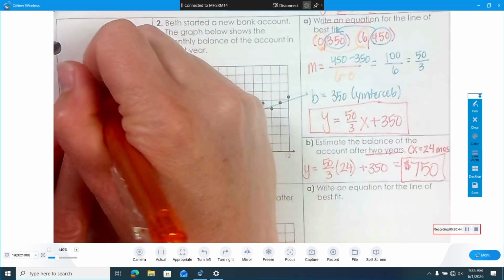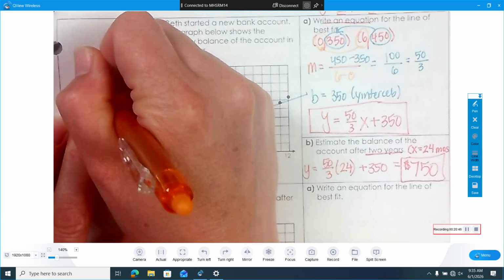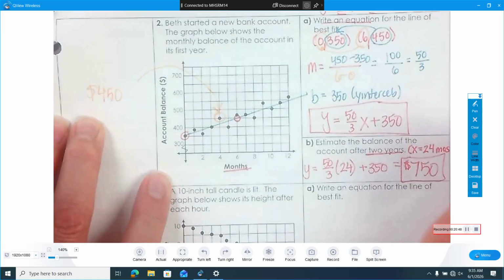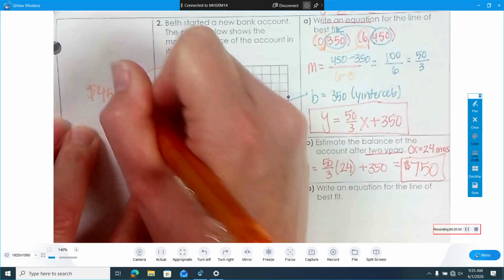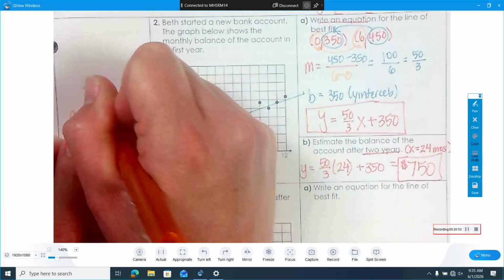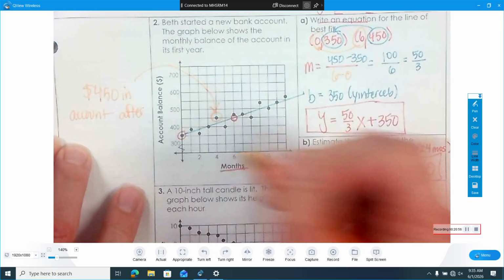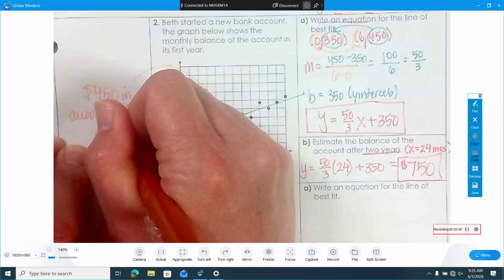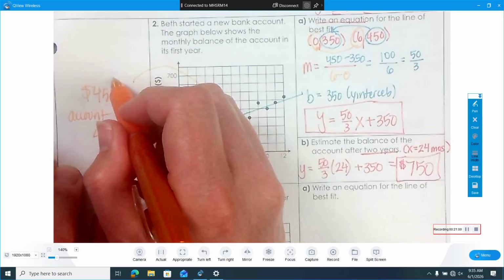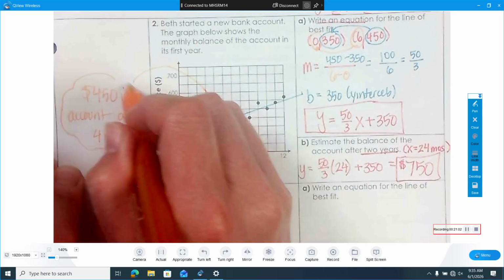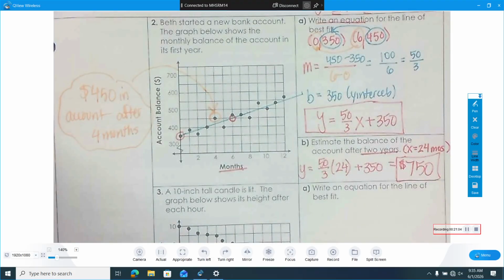Okay. Very good. There's $450 in the account after 4 months. Okay. That is an actual data point. That is an actual thing that happened. That is real data, okay?